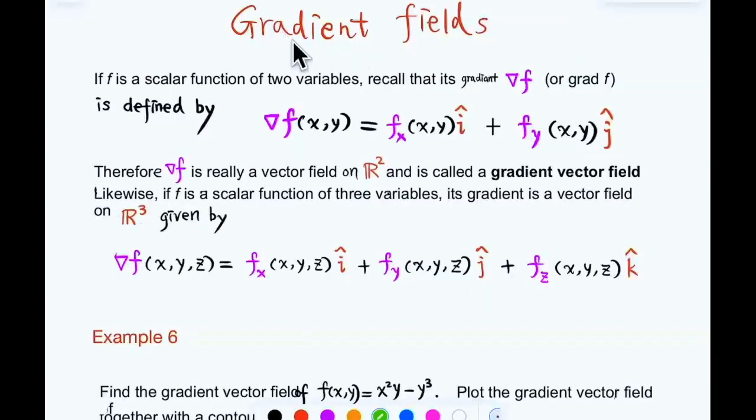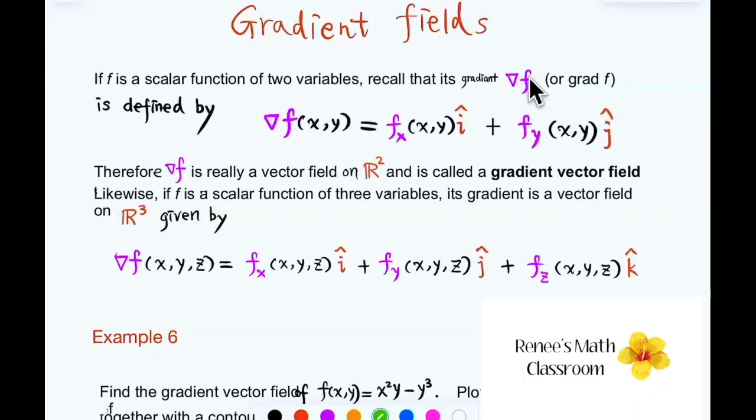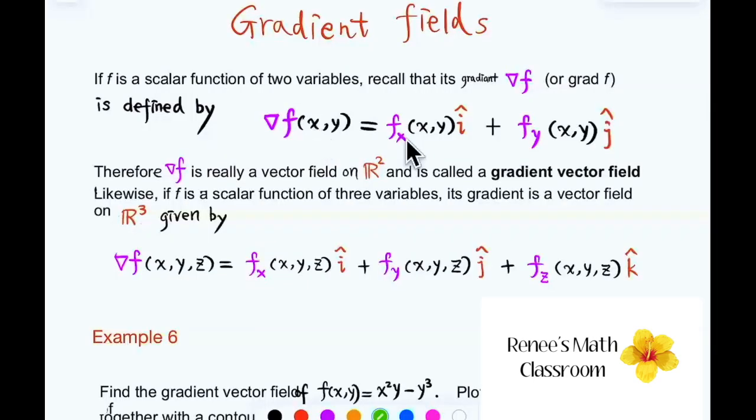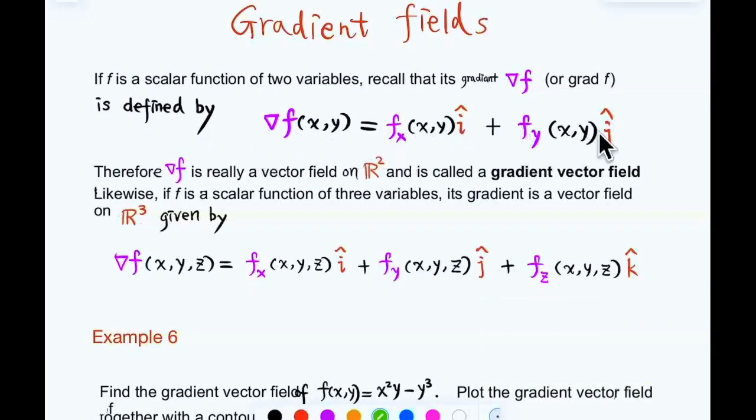Next, we're going to talk about gradient fields. If f here is a scalar function of two variables, its gradient is called del f, or the gradient of f. How do you define the gradient? Do you guys remember? You take the partial derivative of each component function, and this will be the gradient.